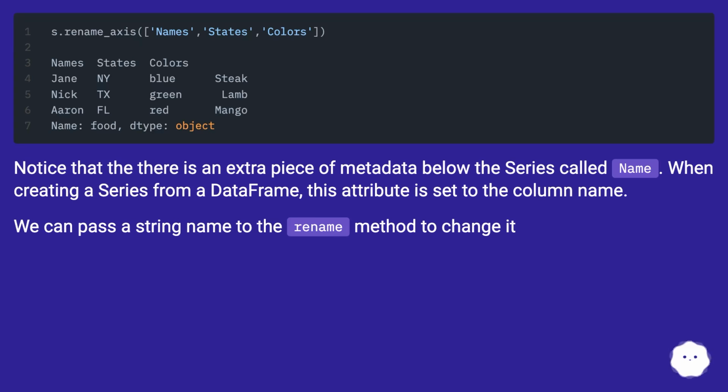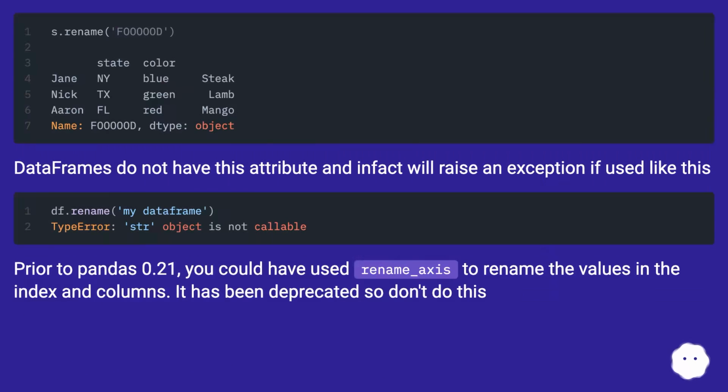When creating a series from a data frame, this attribute is set to the column name. We can pass a string name to the rename method to change it. Data frames do not have this attribute and in fact will raise an exception if used like this.